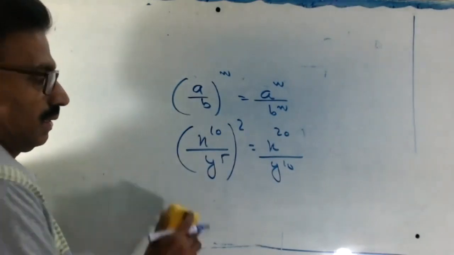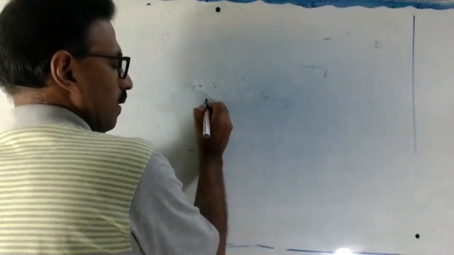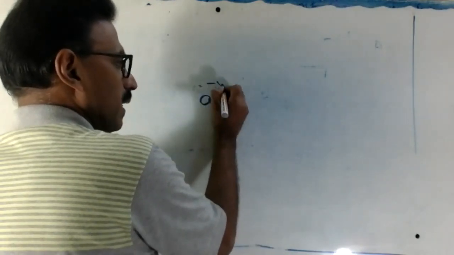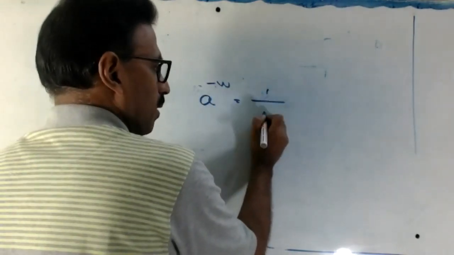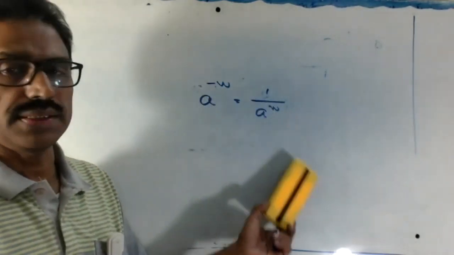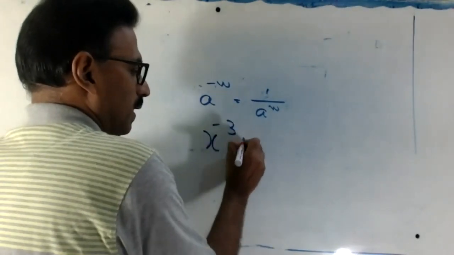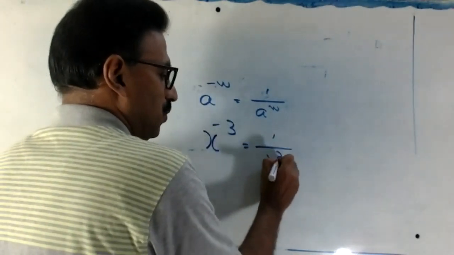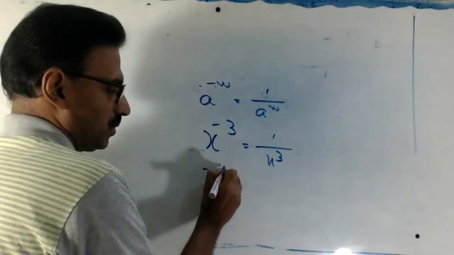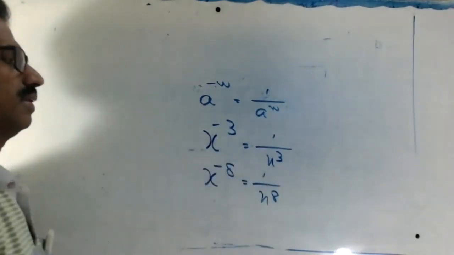Okay, then next one, a raised to minus n equal to 1 divided by a raised to n. This one we applied in this question. X raised to minus 3, what, 1 by x cube. X raised to minus 8, we can write 1 by x raised to 8.